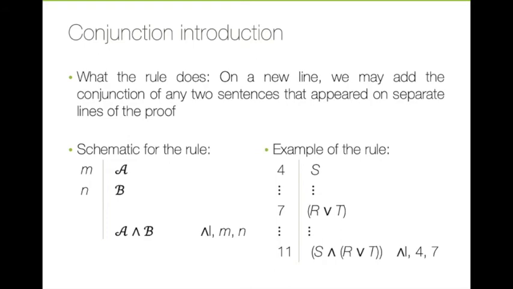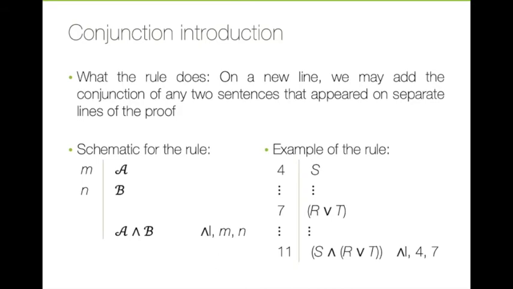So we're going to see parts of the proof where the sentence S appears on line 4, the sentence R or T appears on line 7. The conjunction introduction rule allows us to add S and R or T as a new sentence on some line of the proof, here line 11.